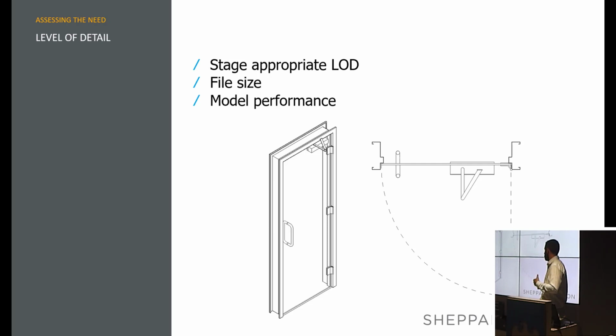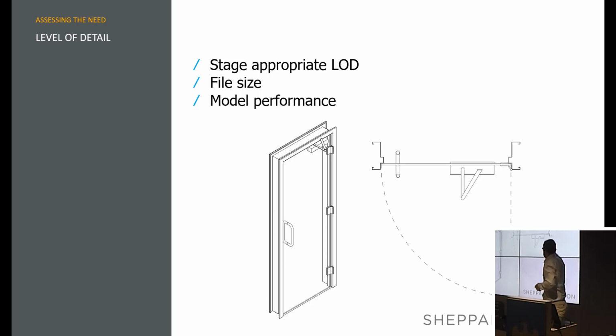In terms of the geometry inside the model, we tend not to exceed probably what you'd consider an LOD 3 or 300, which is a general level. We're giving an impression of the geometry, something suitable for 1 to 50 or above.